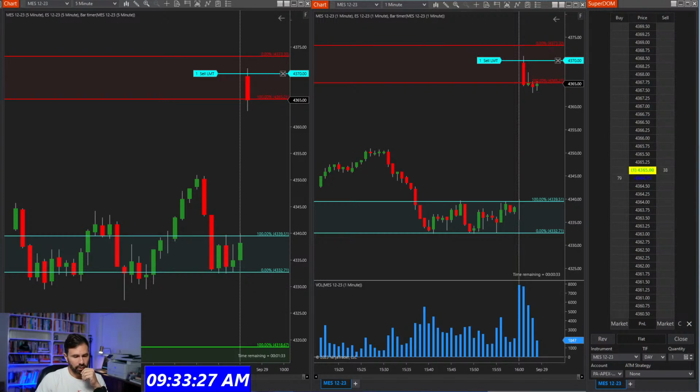The dollar continues to go up a little bit. I don't want it to go to 106 before I enter this trade, because I do think the dollar has more downside, and this could be one of the days where the market moves in tandem with the dollar. If the dollar goes up, the market goes up, and vice versa.